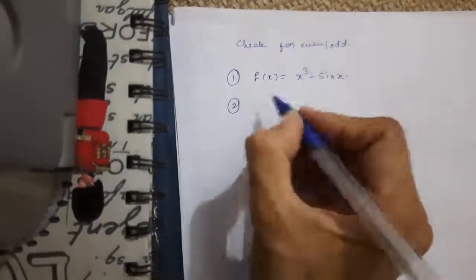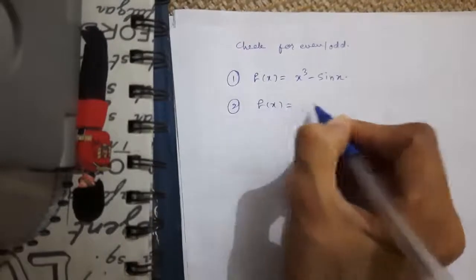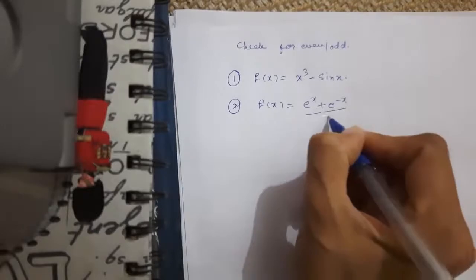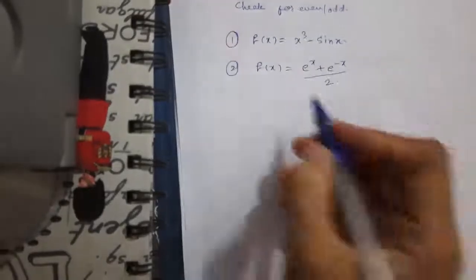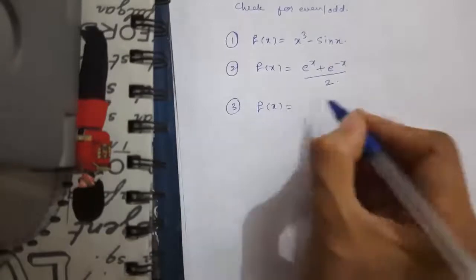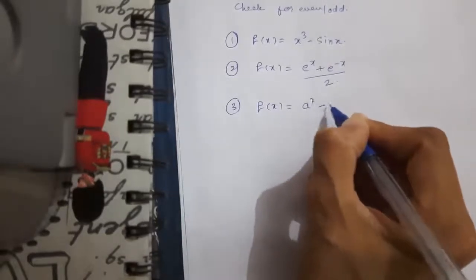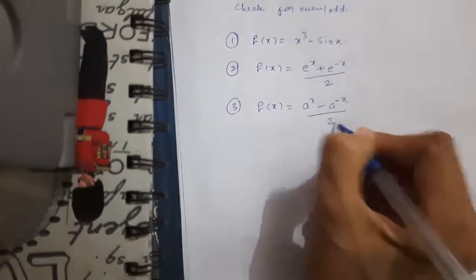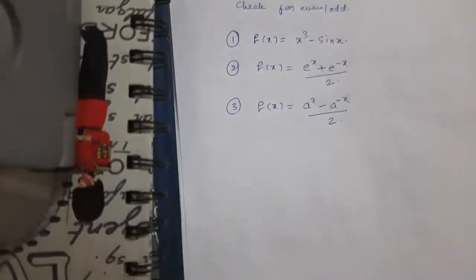Second example, f of x equal to e to the power x plus e to the power minus x, divided by 2. Third, f of x equal to a to the power x minus a to the power minus x, divided by 2. So just check whether these are even functions or odd functions.